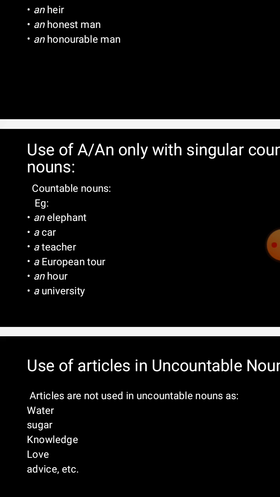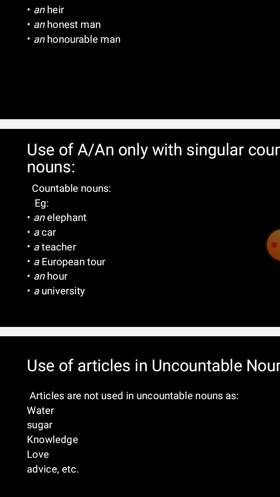So the pronunciation, the sound that you hear tells us whether you have to use the article a or an. It is not the spelling, it is not the first letter, it is the sound. I hope I am clear.